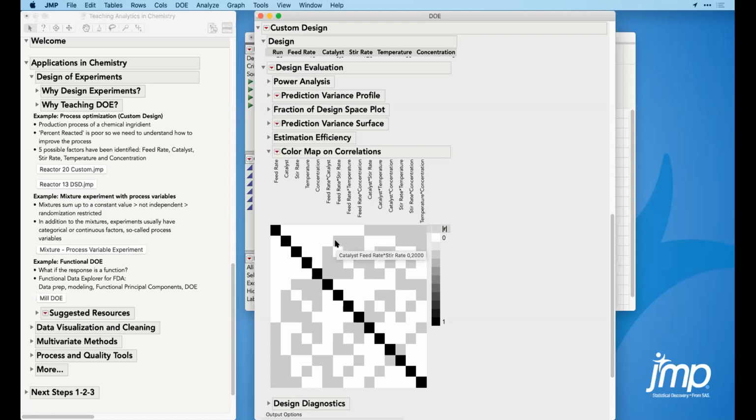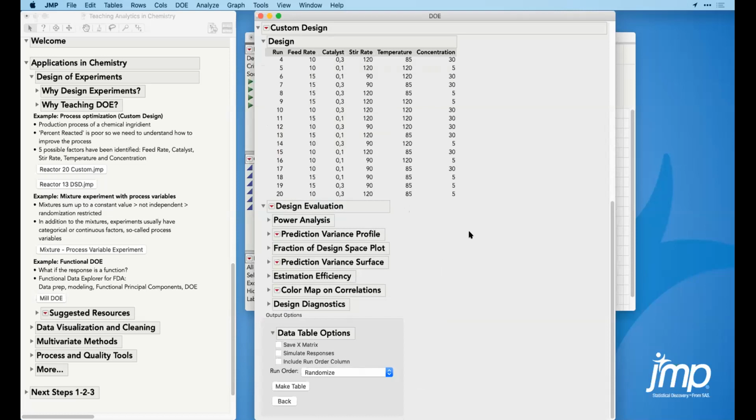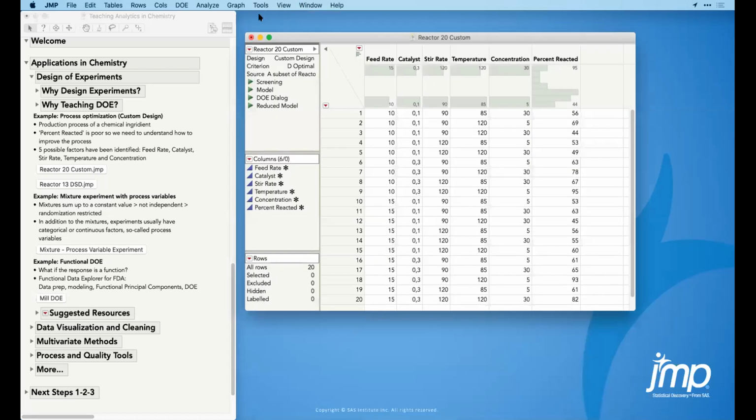Yeah, and this is what you don't want to have, but some aliasing is acceptable in many cases, especially if you just do some screening design. So it depends. And the design tool controls this wisely and also tells you about it before you run the experiment. So you will know.